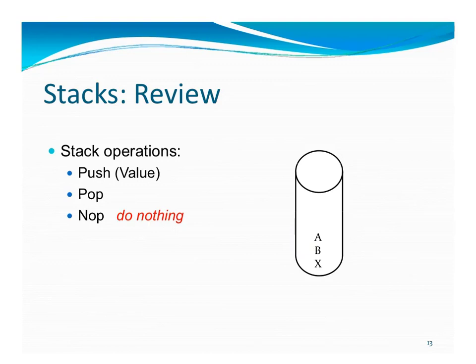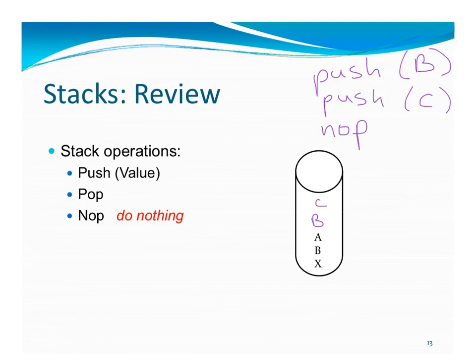So if I say push some value on this stack, for example, suppose I push another B, then that B gets added to the top of the stack. And if now I push a C, that C gets added to the top of the stack. And if I say do a no-op, then nothing happens.